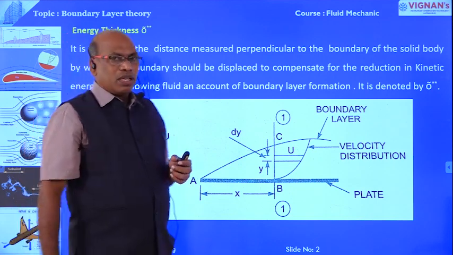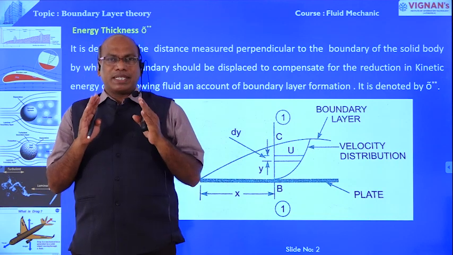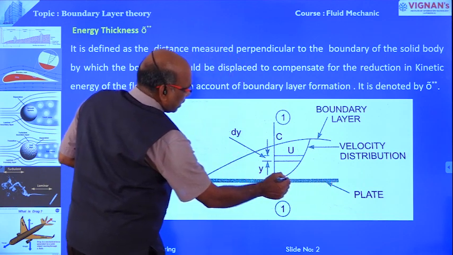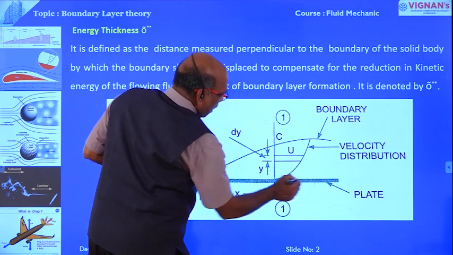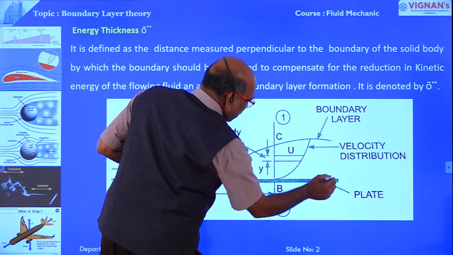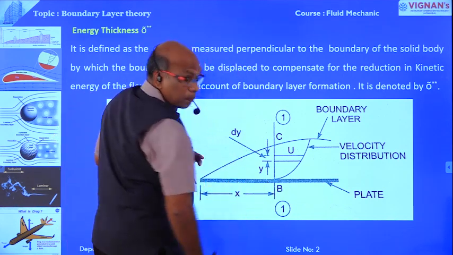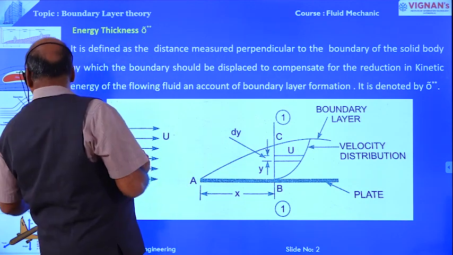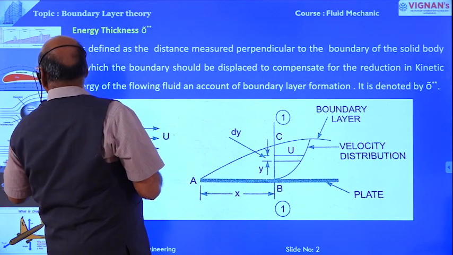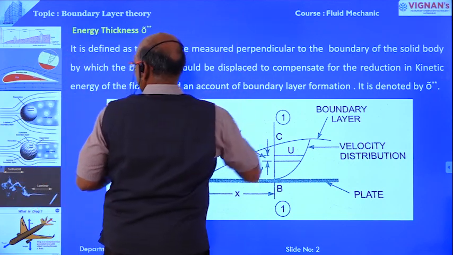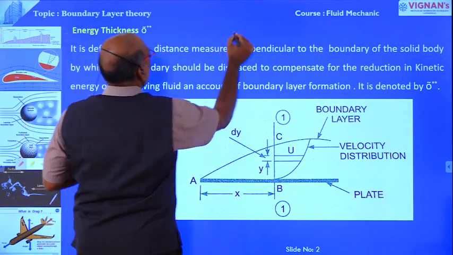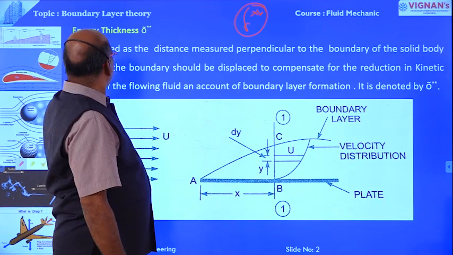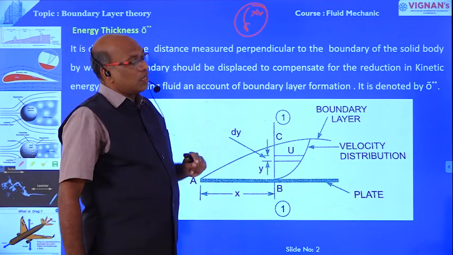Now we are going to discuss energy thickness. First, what is the definition of the energy thickness? Energy thickness is defined as the distance measured perpendicular to the boundary, because the boundary layer is shifted to a distance. This energy thickness is denoted by delta double star.